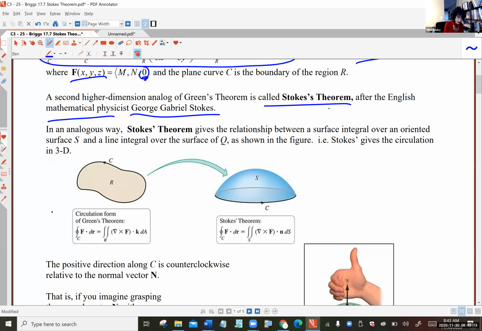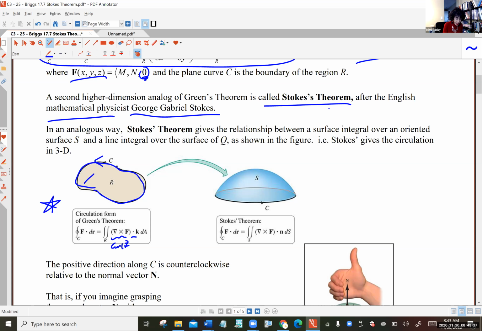So here's Green's. This is a little picture. You're looking at the boundary here of a region, and you're going in the counterclockwise direction, and you're getting the circulation. And this right here is your curl of F, two-dimensional, but three-dimensional if you consider this dot product with the K unit standard vector. And so what Stokes is going to do, it's going to hit it in 3D.